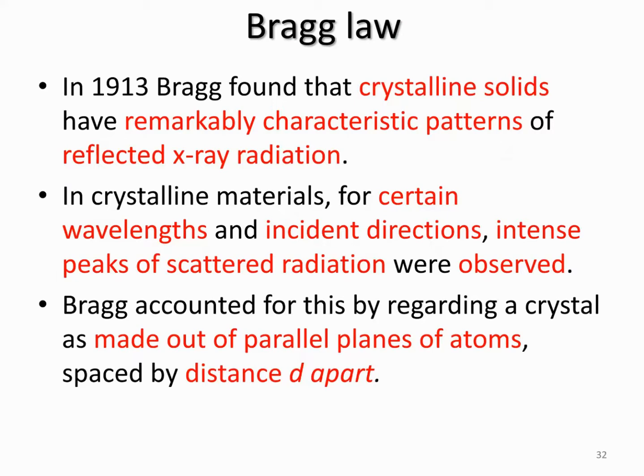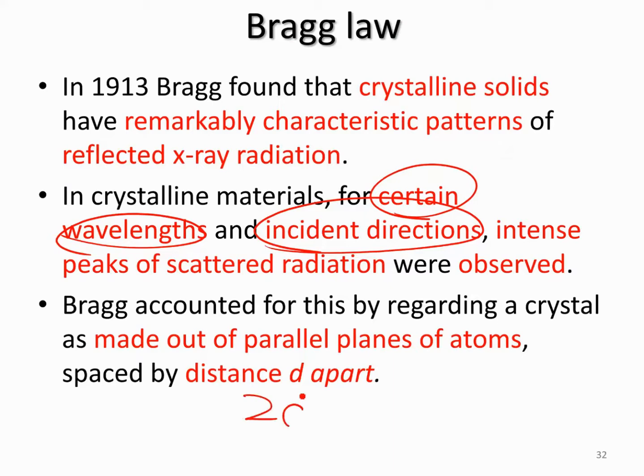And why do we mention the specific incident direction and wavelength? Because it only happens when it reaches the Bragg law condition. Okay, the Bragg law condition is 2d sine theta must equal n lambda. So when it reaches the direction and the wavelength condition, then the diffraction will happen.